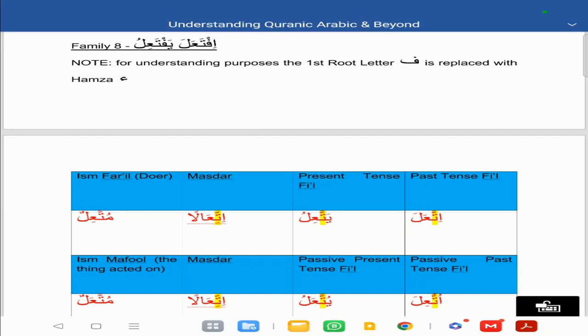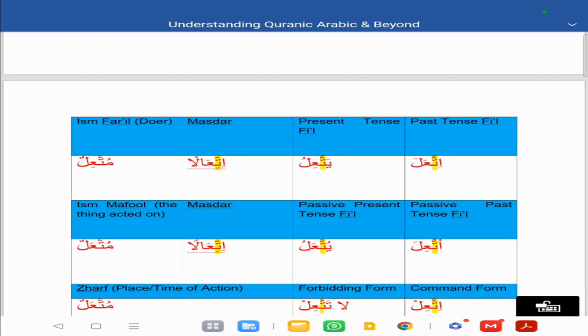So move on to family 8, which is ifta'al yafta'ilu family, and we'll replace the first root letter fa with a hamza. So the 3 root letters will be hamza, the first one, the second is ain, and the last one is lam. So the past tense is itta'ala.